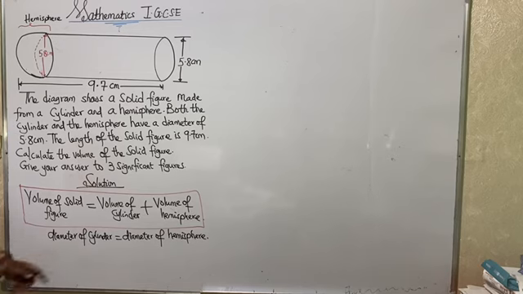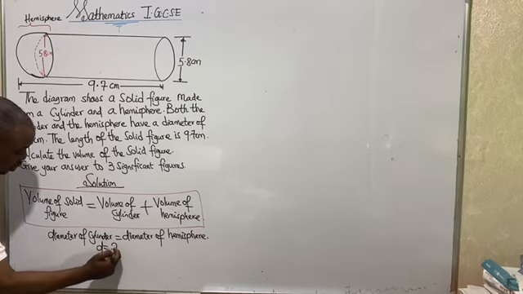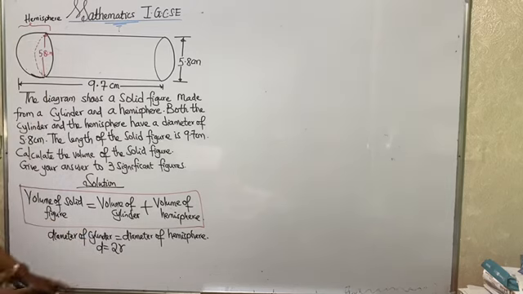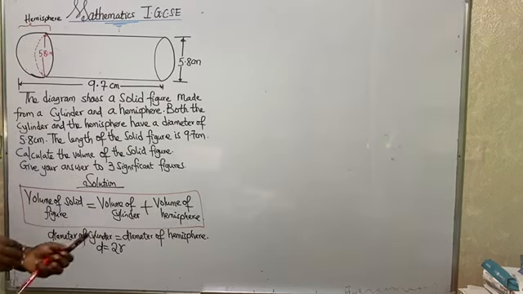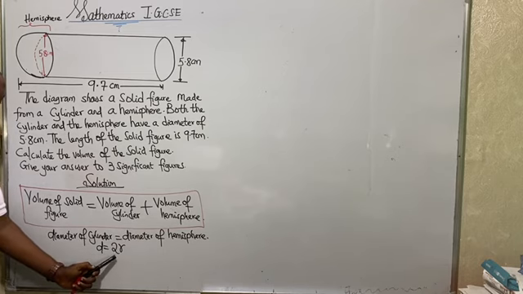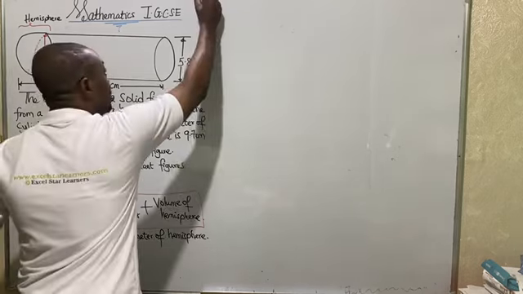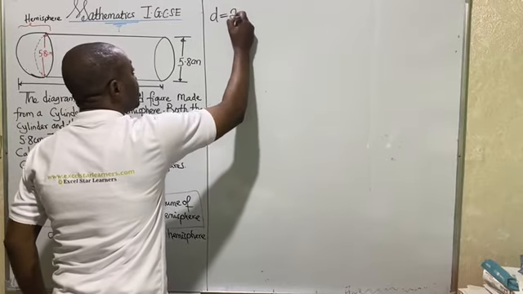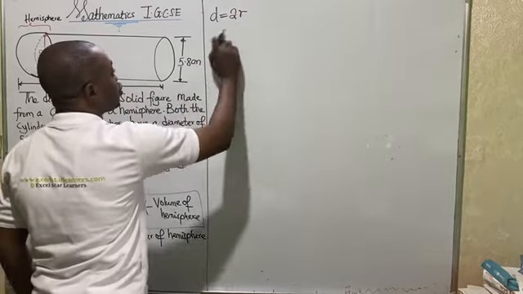We know diameter d is equal to 2 times the radius. So we need to find the radius of the cylinder, which is the same as the radius of the hemisphere, because diameter equals 2r.